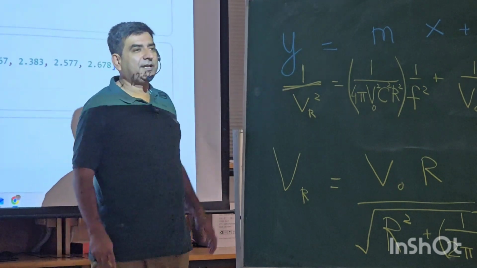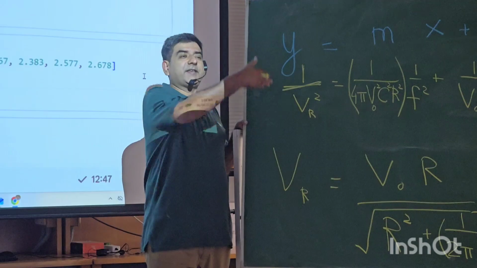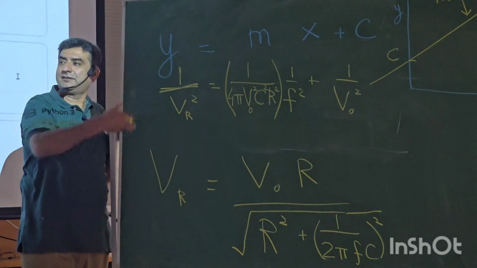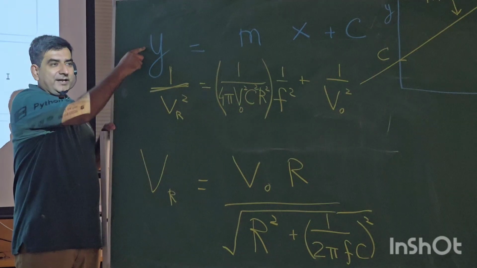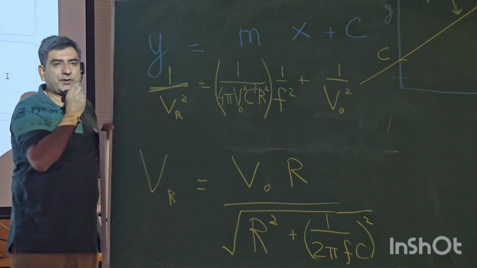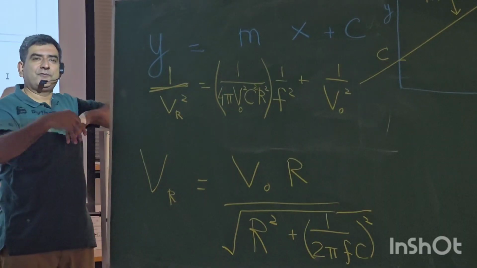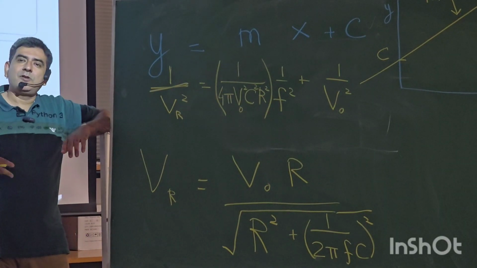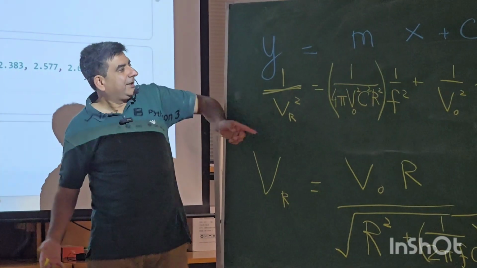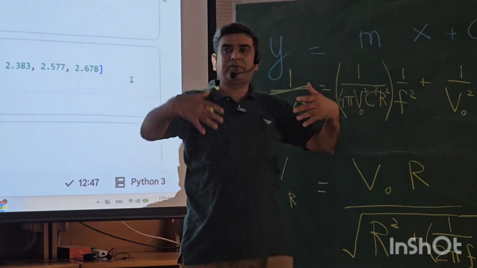Now this equation is cunningly similar or identical to the equation of a straight line, in which y, the dependent variable, is 1 over VR squared. VR was your dependent variable, now 1 over VR squared is your dependent variable. X is 1 over f squared.